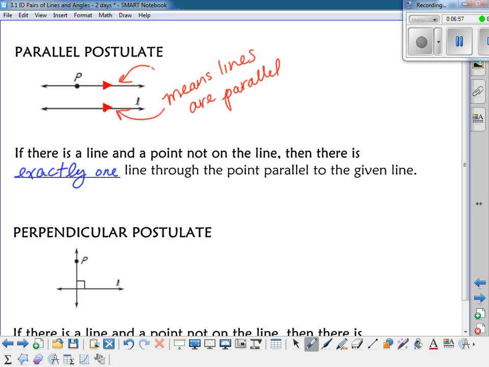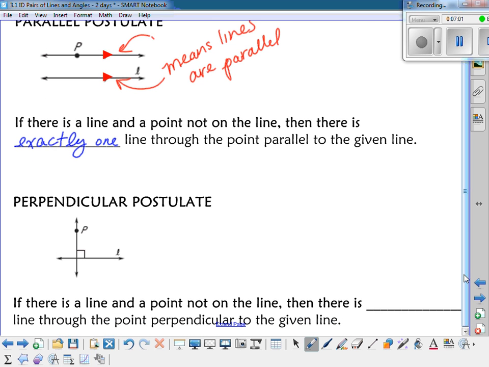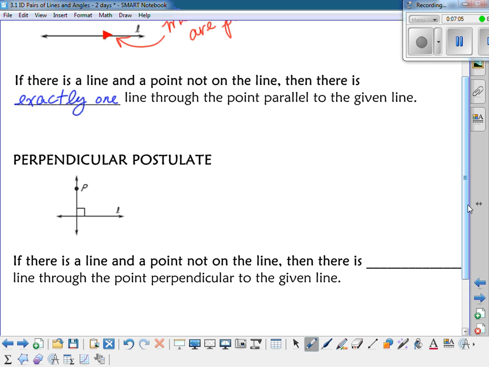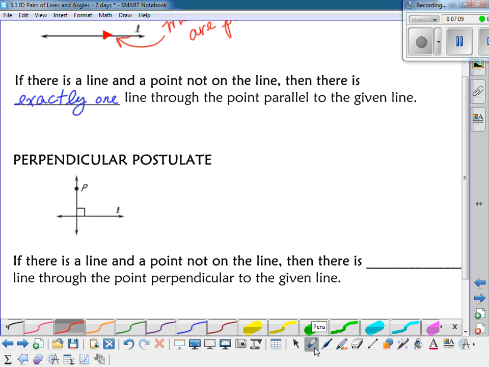The perpendicular postulate is very similar. It states that if there is a line and a point not on the line, then there is also exactly one line through the point perpendicular to the given line.